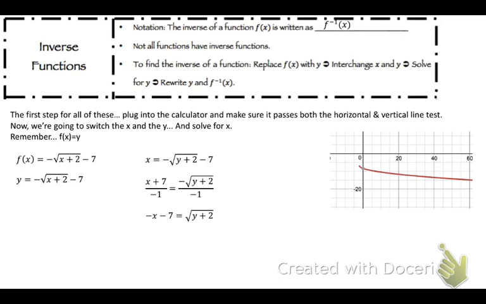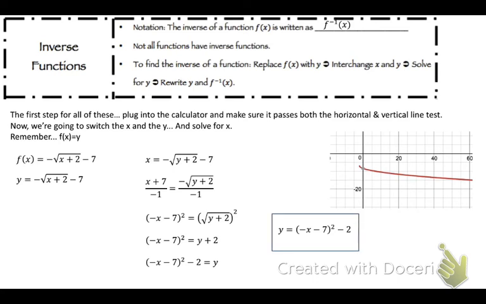So it'll be negative x minus 7 equals the square root of y plus 2. Square both sides. So you get (x minus 7) squared equals y plus 2. Subtract that 2 over. So there is our inverse. And again, I should have written f inverse of x. My bad.